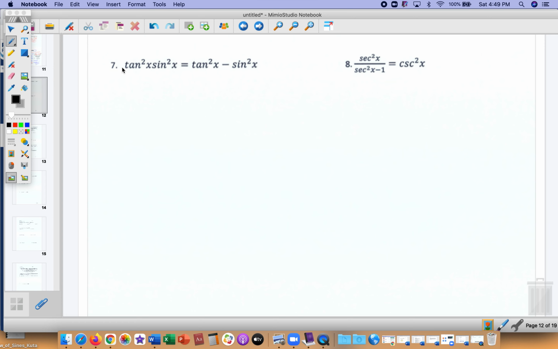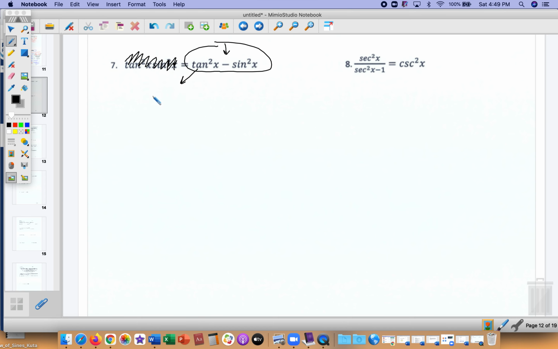For number 7, we're going to play around with the right-hand side. It's a little more expanded. We're going to try to play around with it so we get tan squared x sine squared x. These aren't the same right now because the left side's a product and the right side's a subtraction problem. So let's cross this out so we don't get confused.